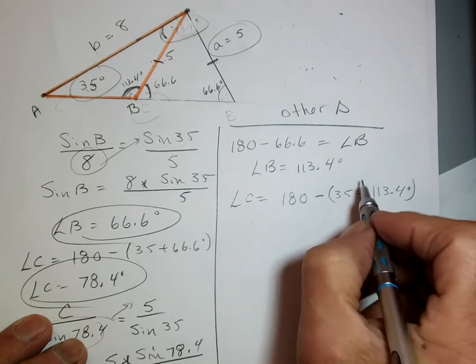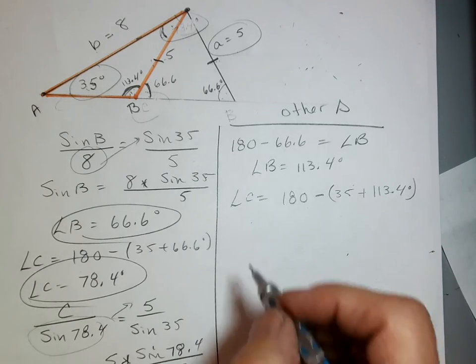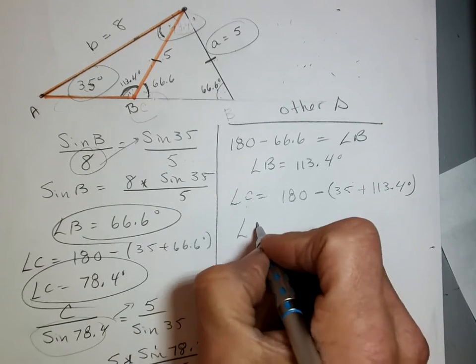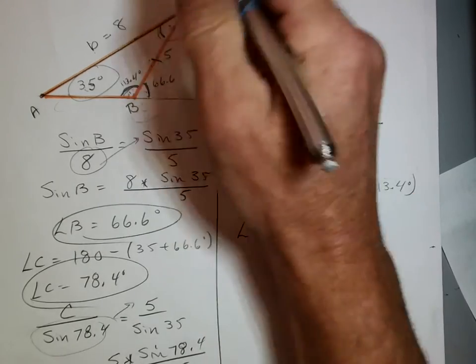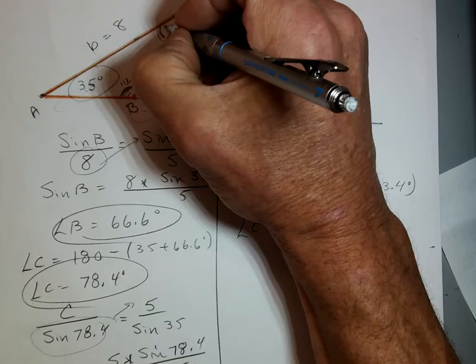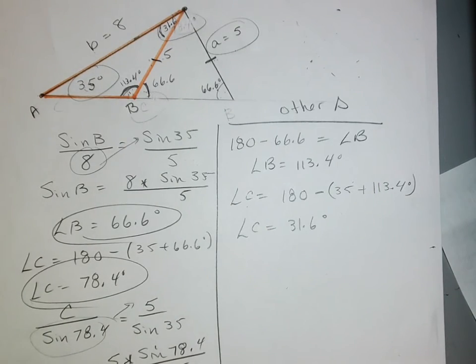Okay, so I'm going to go ahead and subtract those. 180 minus my 35 plus my 113.4, and I get an answer of about 31.6 degrees. Okay, so I'll put that in there, 31.6 degrees. All right, much smaller.